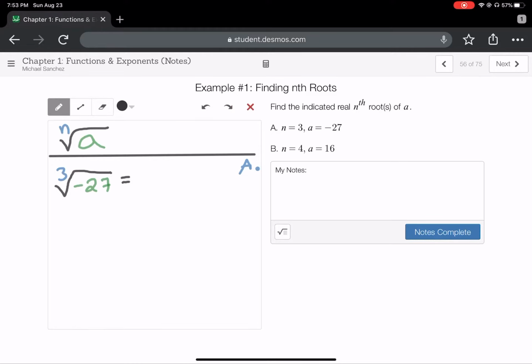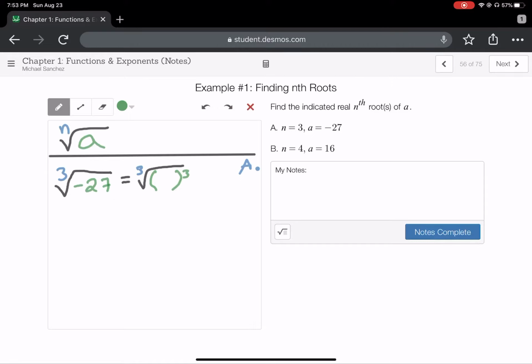This is kind of like inverse operations: when we have multiplication, we need to divide to get rid of it, and when we have adding, we subtract to get rid of it. So we're trying to figure out in our heads, what number to the power of 3 will give us 27?